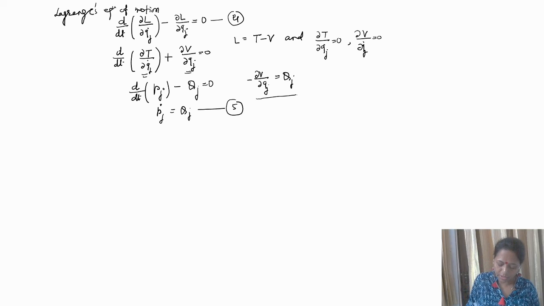Now what is the third part? Now we will show that this is the equation of motion for the existing system. What does it mean?